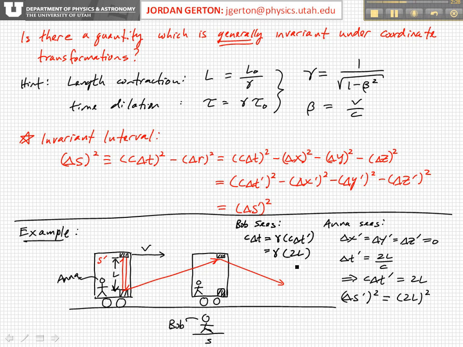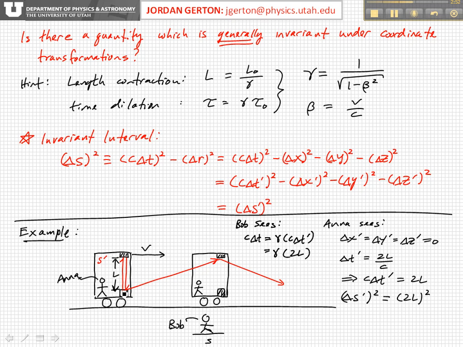Now, he doesn't see length contraction because there's no object. If we ask the question, how does he see the cart, the rail car? He definitely sees the rail car contracted in the x direction, but we're not asking that question. We're just looking at two events, the emission and detection events.